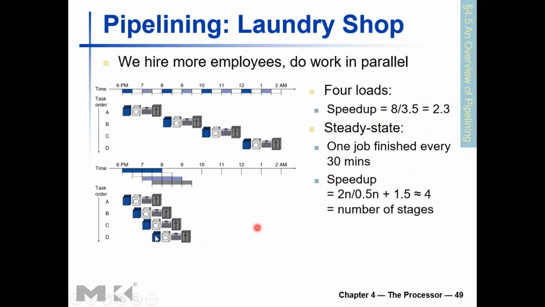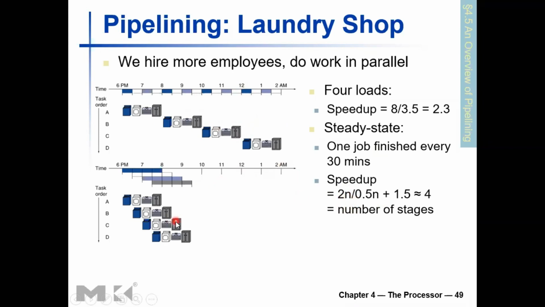So when we are in the steady state, if we ignore the time to fill the pipeline, the speed up is, say if you have n loads, or n instructions in our instruction analogy, the non-pipeline version will take 2 times n time, right? 2 hours per load and 2 times n for n loads.